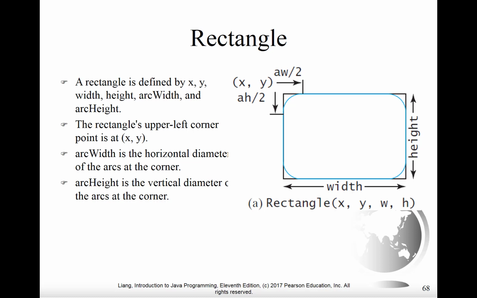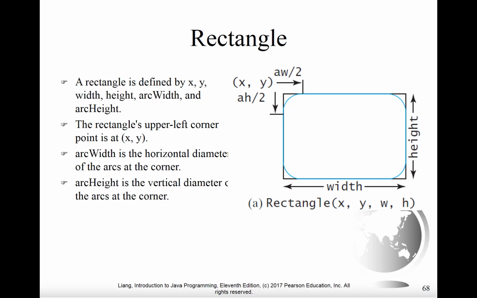Note that the arc width and the arc height can be independent. So that means that it doesn't have to be, strictly speaking, a circle that's tucked in these corners, but it could be more like an ellipse in a sense. If we take the simple case of thinking of it as a circle for now, then in that case the arc height and the arc width would be equal, and they would both represent the diameter of the circle. Therefore the radius of the circle would then be half of that.